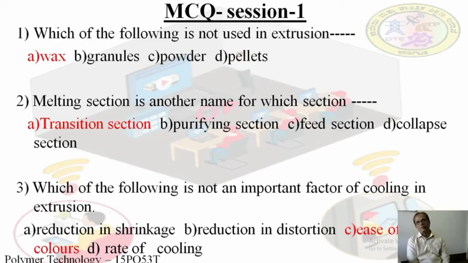Question number 2. Melting section is another name for which section? A, the transition section. B, purifying section. C, feed section. D, collapse section. Correct answer is transition section. Now question number 3. Which of the following is not an important factor of cooling in extrusion?